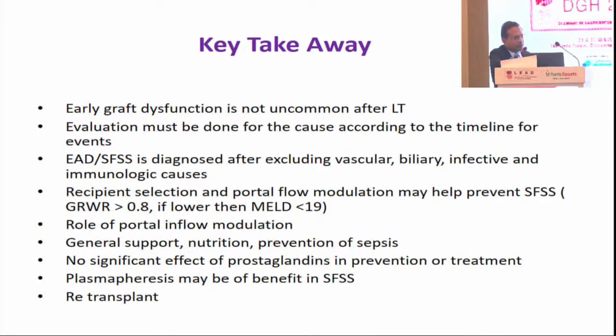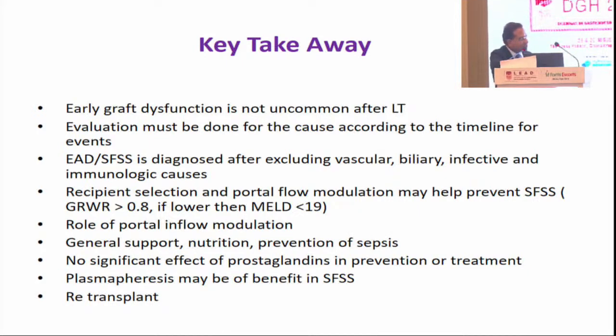Recipient selection and portal flow modulation may help prevent a small for size graft. Preferably, you should use a graft with more than 0.8, and if it's less than 0.8, then the patient should probably be a low MELD score recipient. There is a definite role of portal inflow modulation. I think that's the only thing which is really proven with good data.